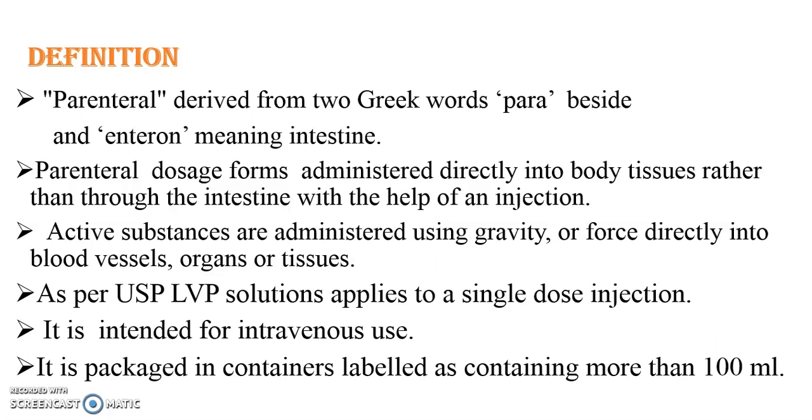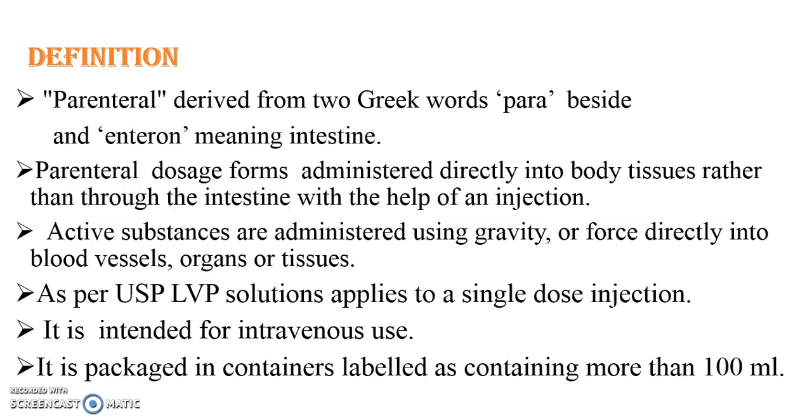The active substance or formulation is administered using gravity or force directly into the blood vessel, organ or tissues. These parenterals are initially classified into two types: small volume parenterals and large volume parenterals.